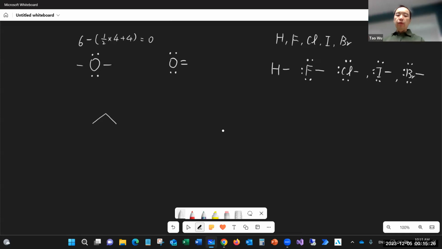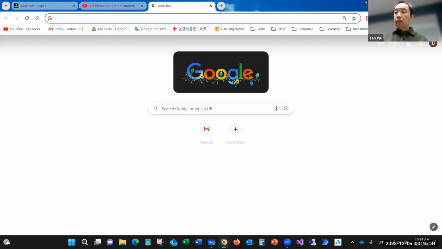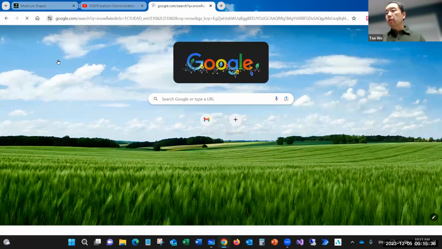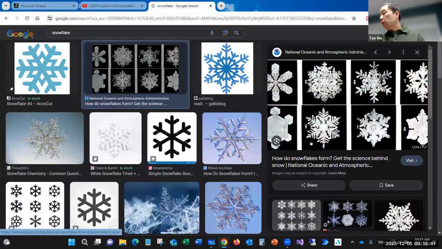And you see the snowflake. This is a real picture of a snowflake. Why is the snowflake a hexagon shape, right? This is a hexagon shape, and the angles between each of the flakes are the same. Why do we have a structure like this?